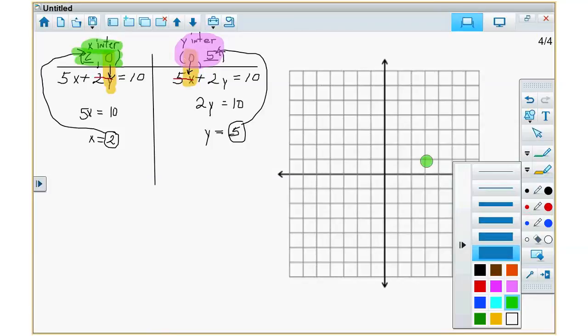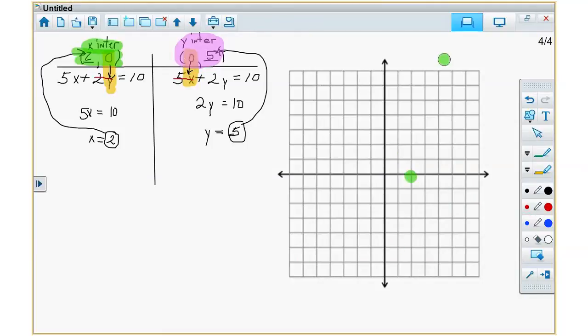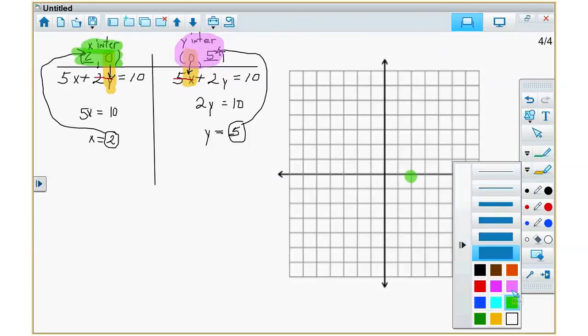On the x-axis, so 2. There's my green point. And then my mauve point is on the y-axis.